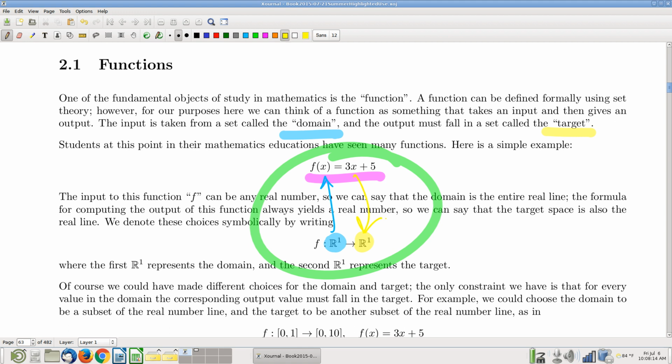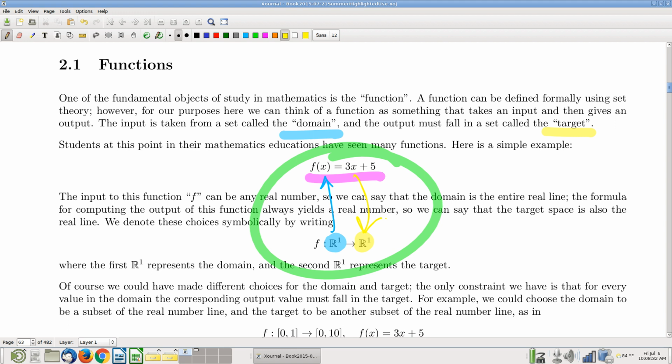You give me an x from the domain, a real number x, plug into this formula, and out comes a number in the target, namely an output from this function, which will be a real number, which is therefore in the target.